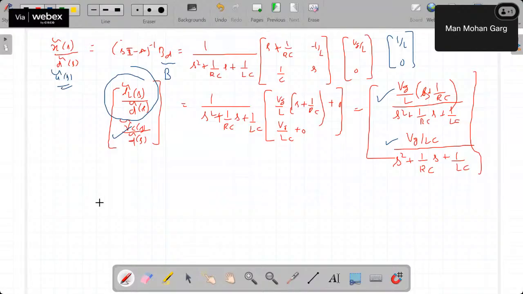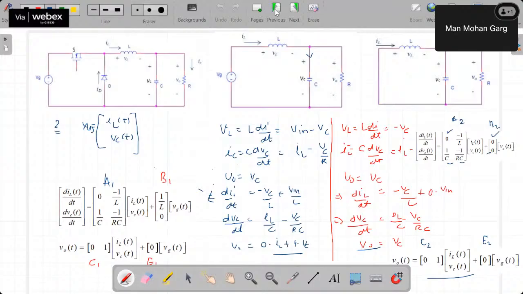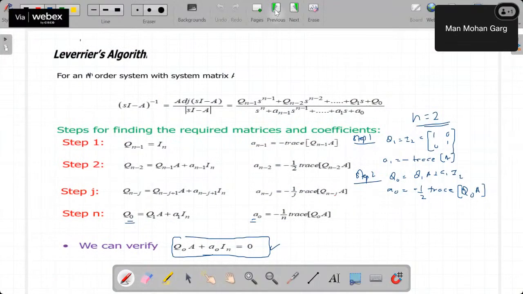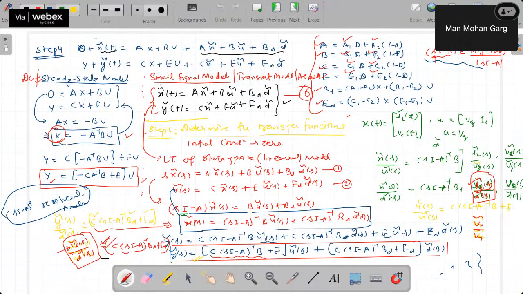Now, second, we want to find, let's say, V node upon D. If this is the case, then what formula will we use directly? This is the formula which we can use: C (SI minus A) inverse BD plus ED.